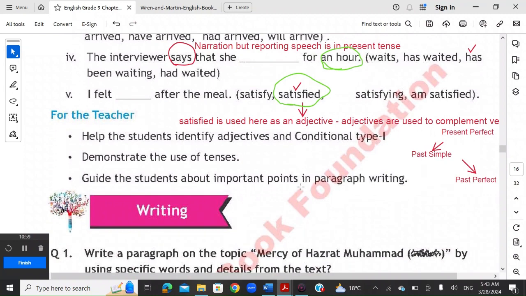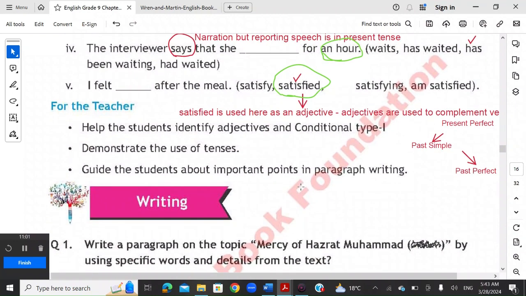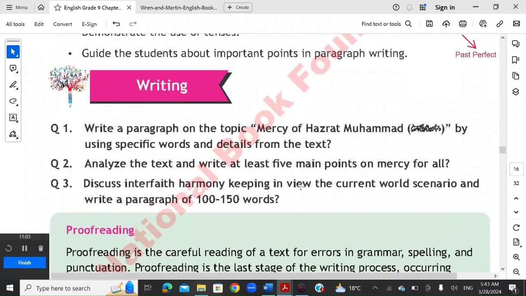Let's move towards the next part. Here is the writing part. Write a paragraph on the topic Mercy of Hazrat Muhammad Khatimun Nabiyyin Sallallahu Alaihi Wasallam by using specific words and details from the text. Now you will get, inshallah, a huge amount of information from the summary part, and you will easily be able to write the paragraph.